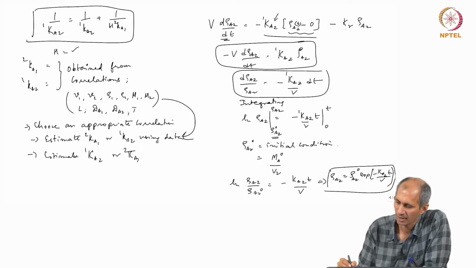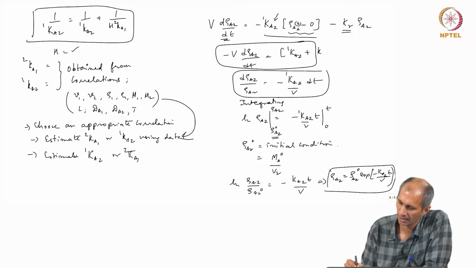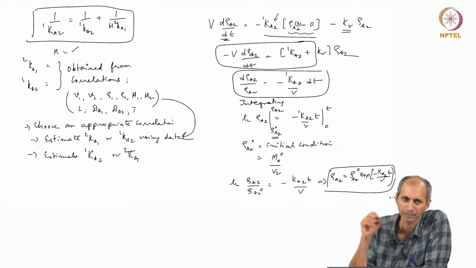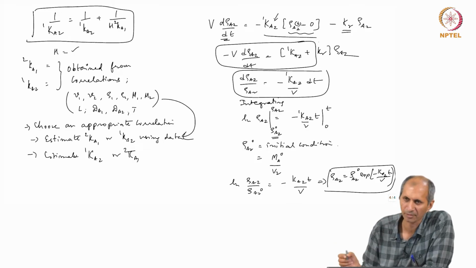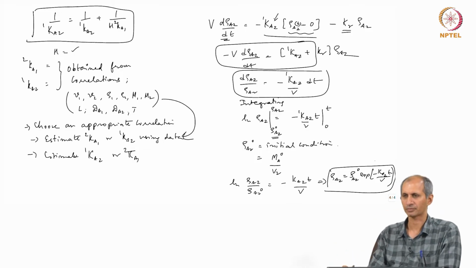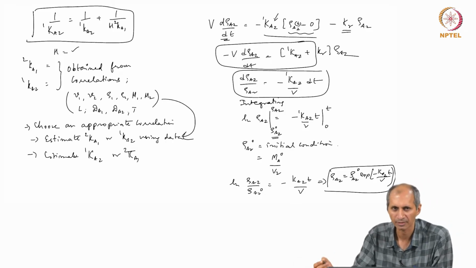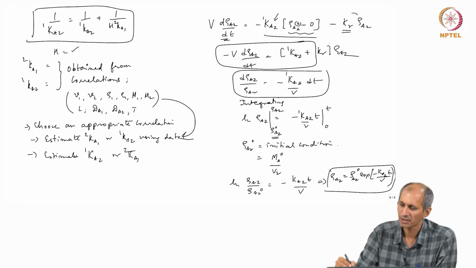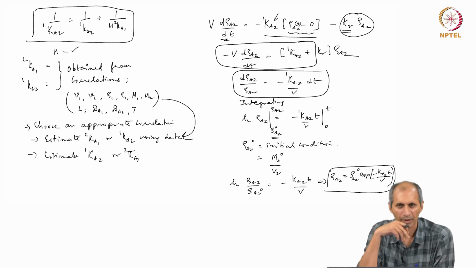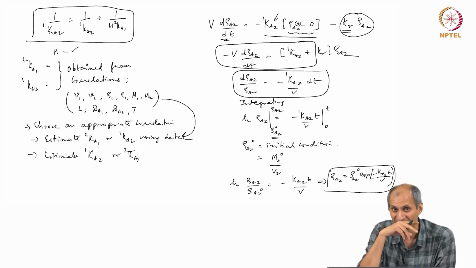You have some reaction that is taking place, a first order reaction, and so this entire term will become Ka2 plus Kr into rho a2. Each of these terms has to be determined separately. So, it is an addition. But this information is only available if you already know that biodegradation is possible in the system.